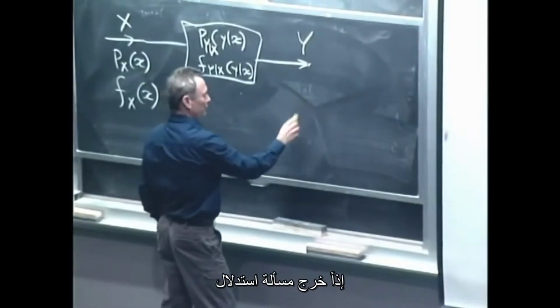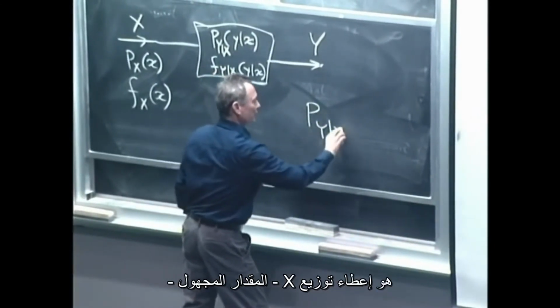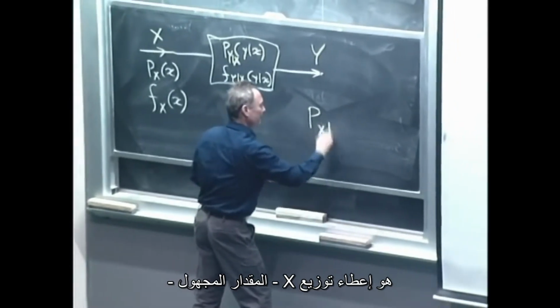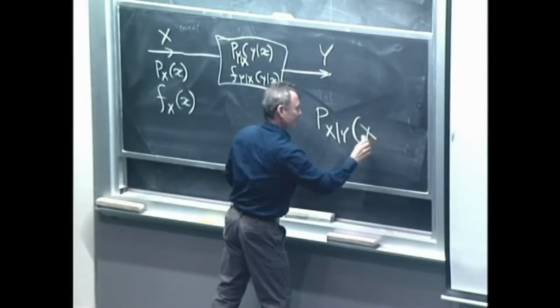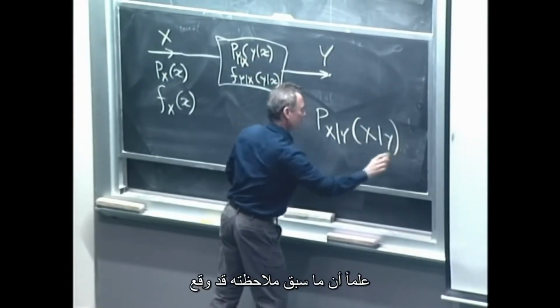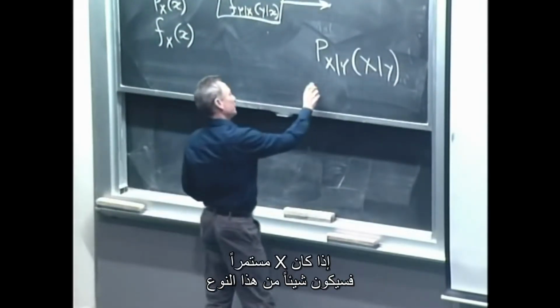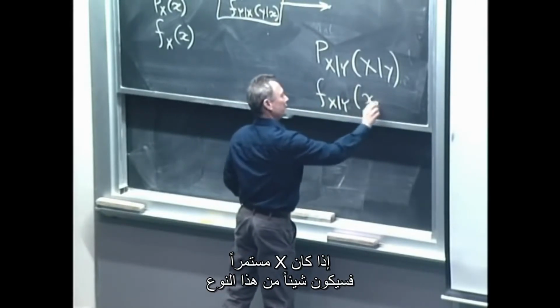So the output of an inference problem is to come up with the distribution of x, the unknown quantity, given what we have already observed. And in the discrete case, it would be an object like that. If x is continuous, it would be an object of this kind.